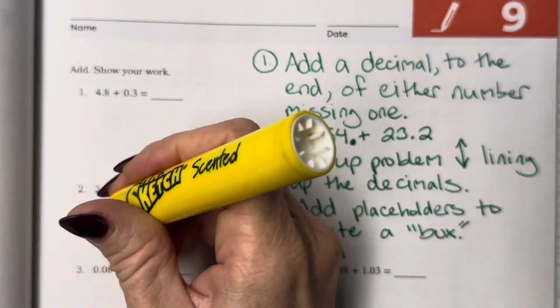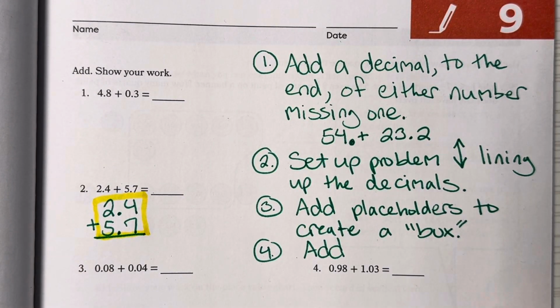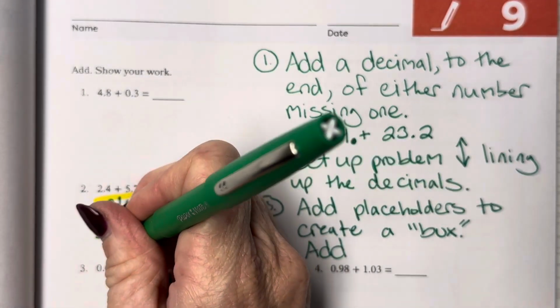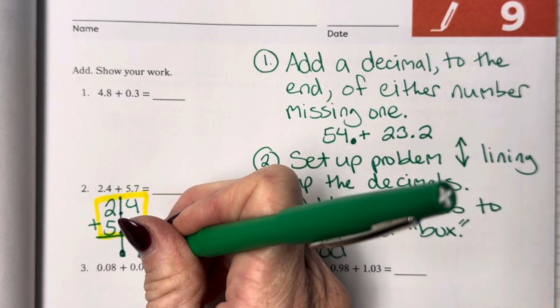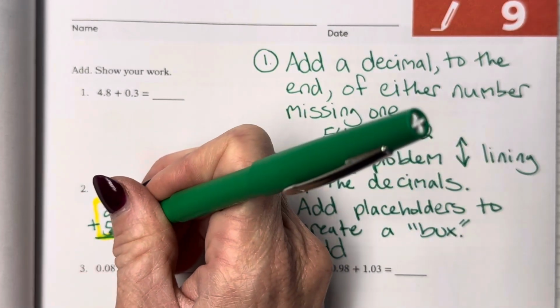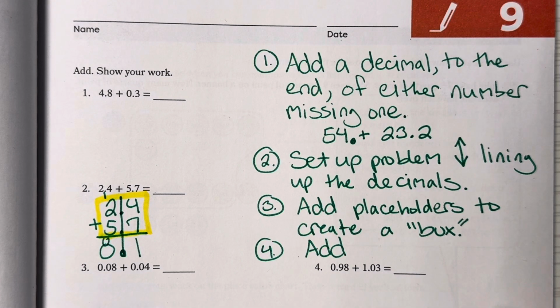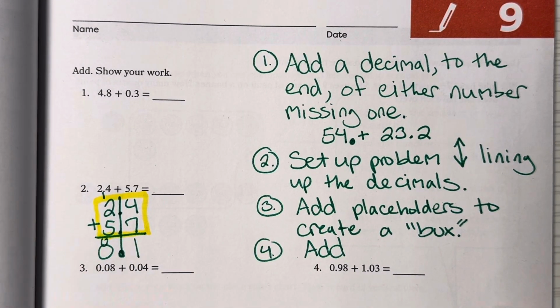I don't need to add any placeholders because there's already like a perfect box. Then step 4 is I'm going to add. So my decimal goes like that, and I have 4 plus 7 is 11. 2 plus 5 is 7, plus 1 is 8. So my answer is 8 and 1/10. And my decimals get lined up and just carried down.